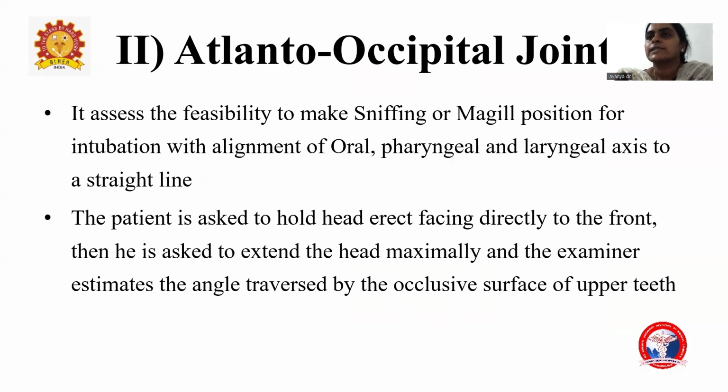The second test is the atlanto-occipital joint. It assesses the feasibility of making the sniffing or neutral position for intubation, with alignment of the oral, pharyngeal, and laryngeal axis toward the trachea. The patient is asked to hold the head erect facing directly to the front, and then to extend the head maximally, and the examiner estimates the angle traversed by the occlusal surface of the upper teeth.